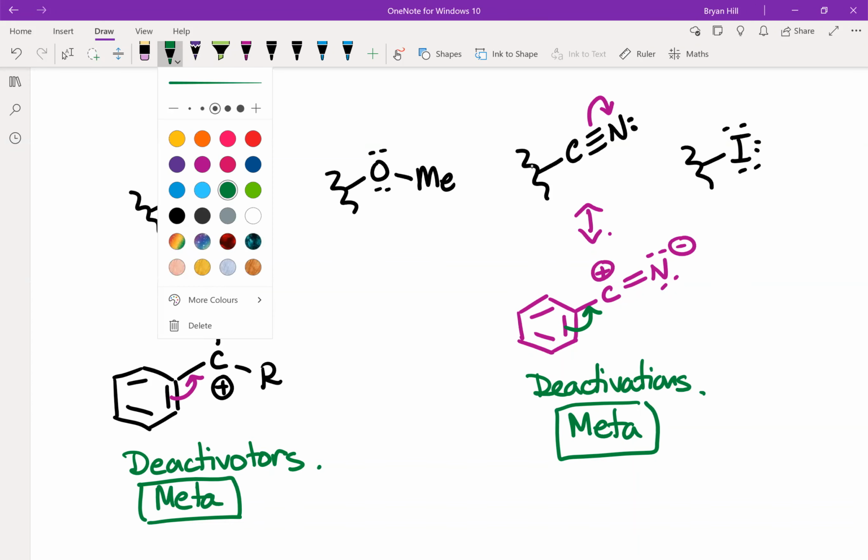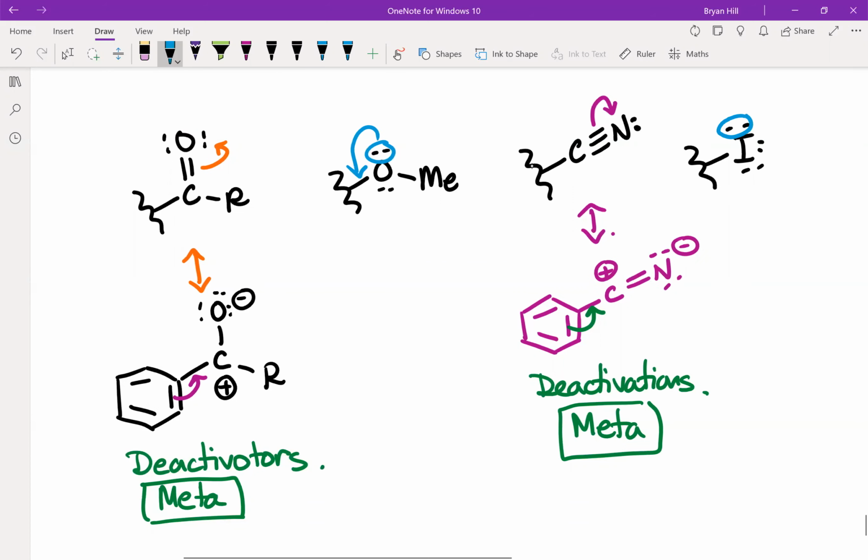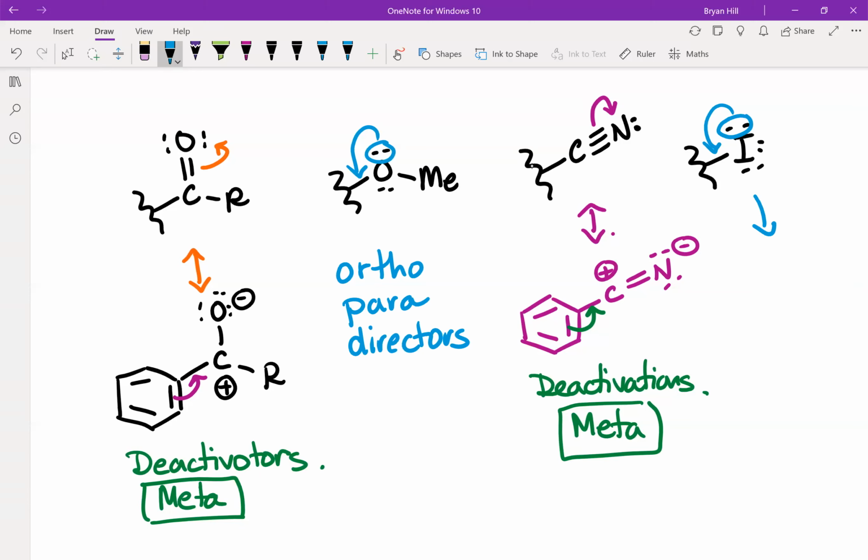Now, conversely, if your group has some lone pairs that it can donate into the ring, like an oxygen or iodide, these are going to be ortho para directors.